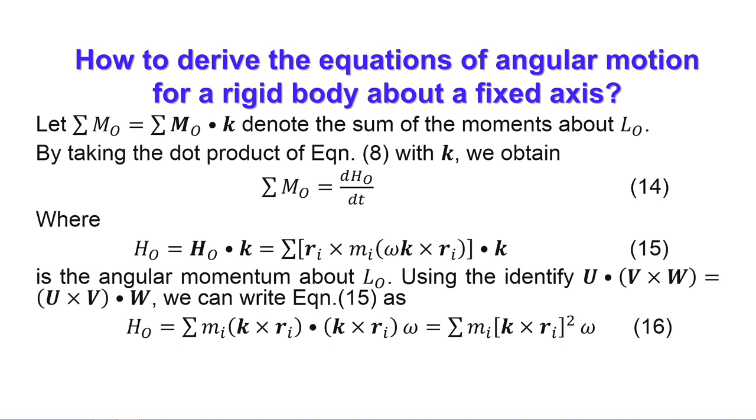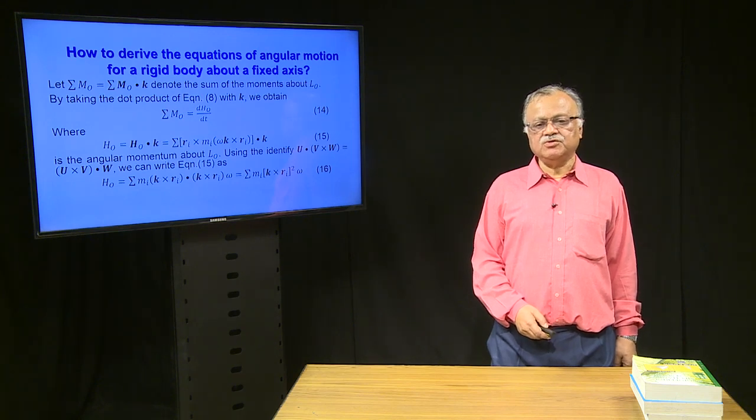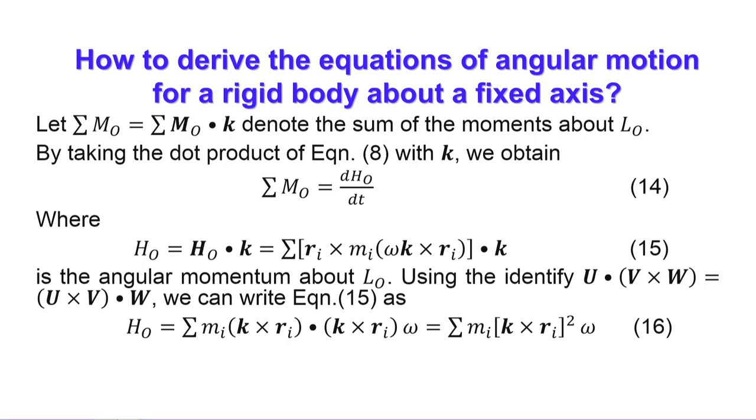That way we can find the moment about the z axis. We know that earlier we found sigma M_0, the total moment about O, equals dH_0/dt, where H_0 equals H_0 k, and H_0 we have already found.